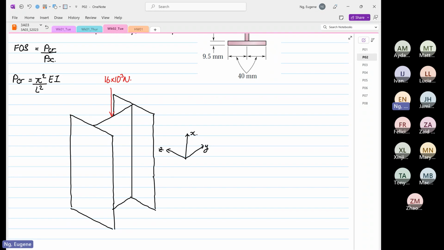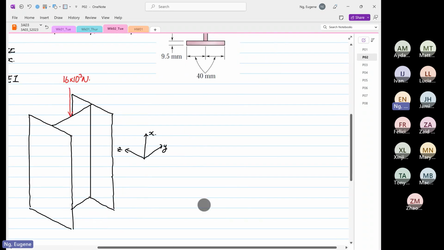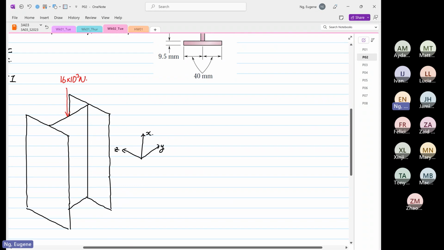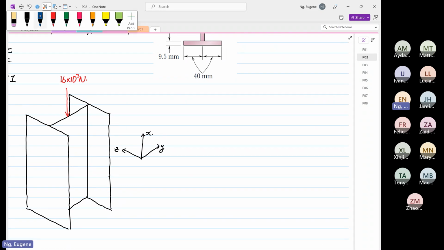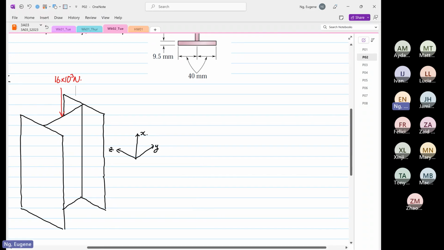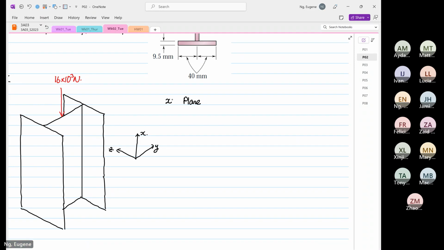The first one, if we just consider the XZ plane, I'm going to sketch on the XZ plane. So this is our plane. Now I'm going to sketch our transformation.